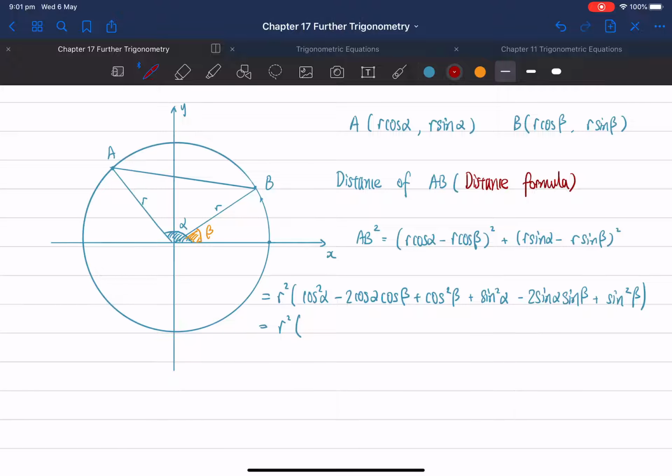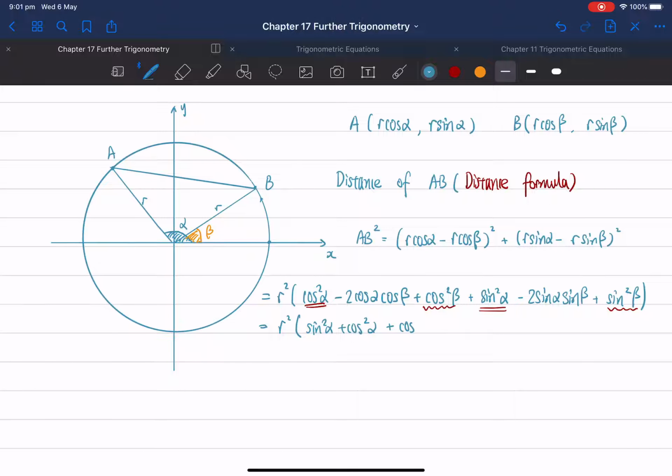Now what I want to do is pay attention to these two terms, and then pay attention to these two. Do you remember from the trigonometry identity that sine squared alpha plus cosine squared alpha, what is that equal to?